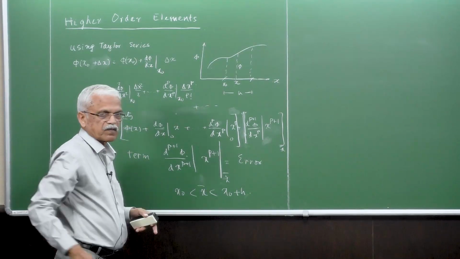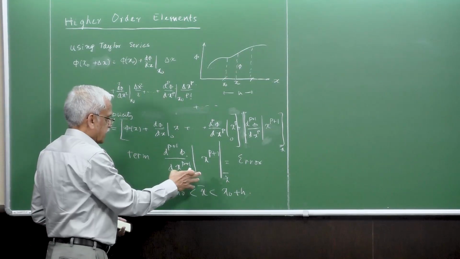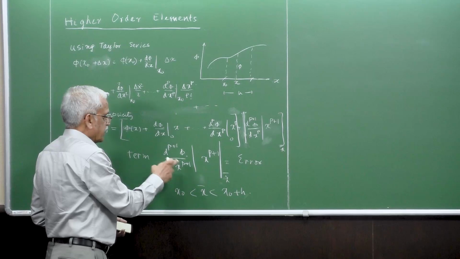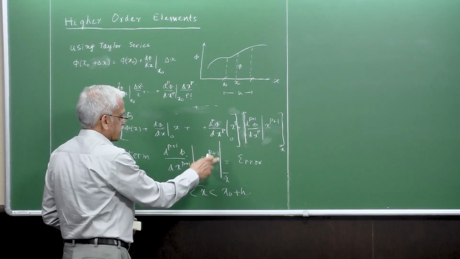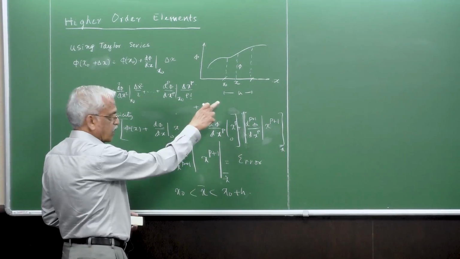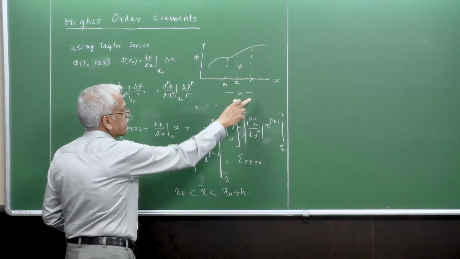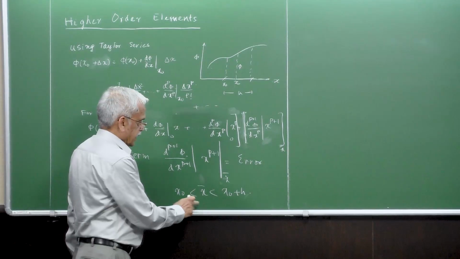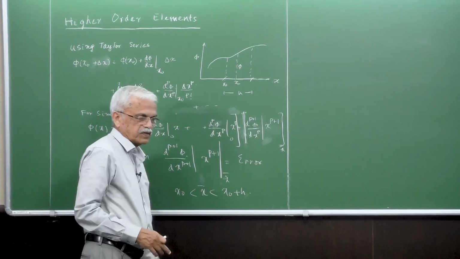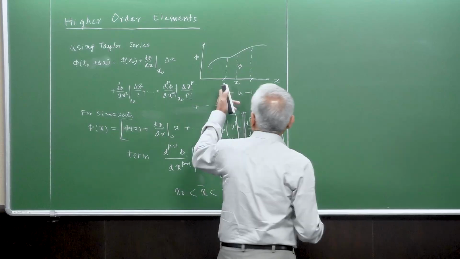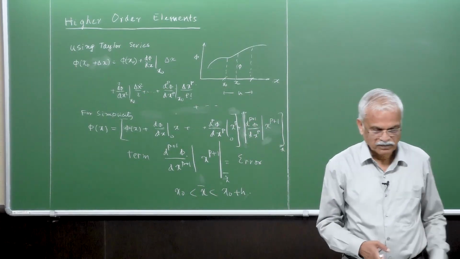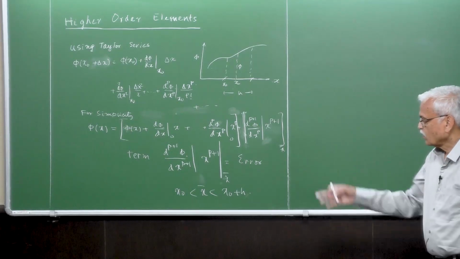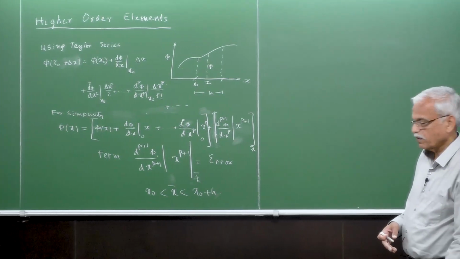Any terms above this one, which constitute the error, are equivalent to the p plus 1th derivative and x to the power of p plus 1, which is evaluated not at x naught, but anywhere between 0 and h. So it depends upon where you are operating. So that's the error we are concerned with here.